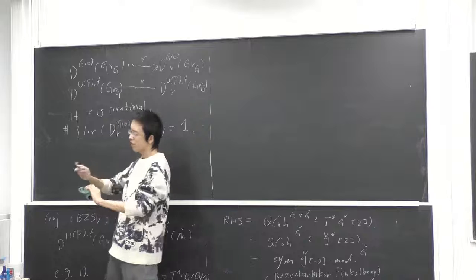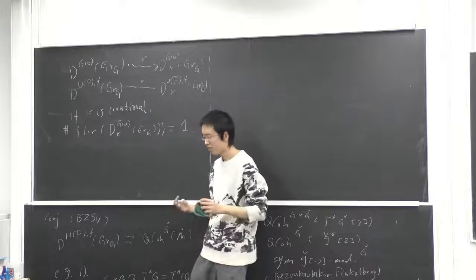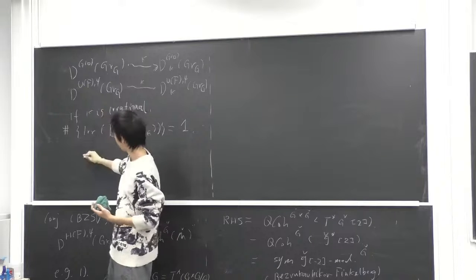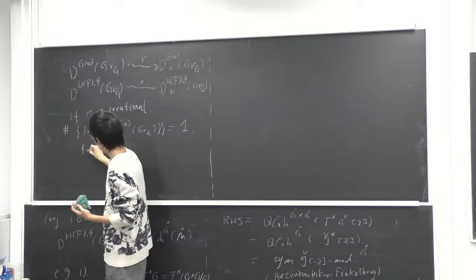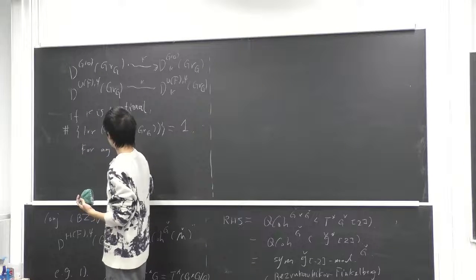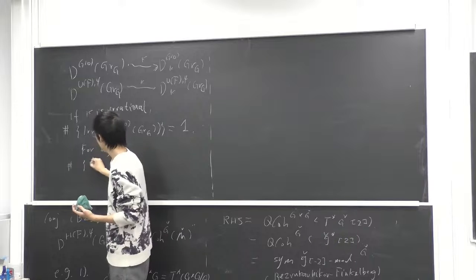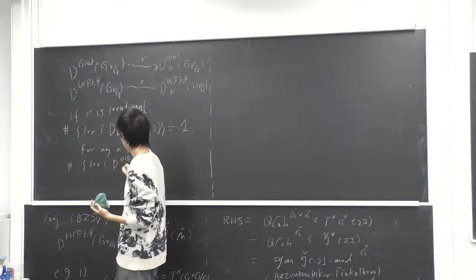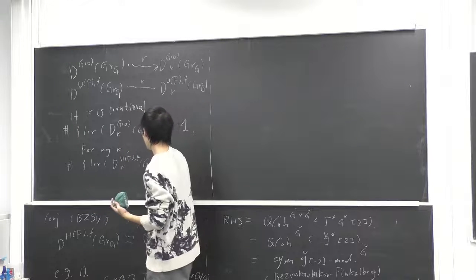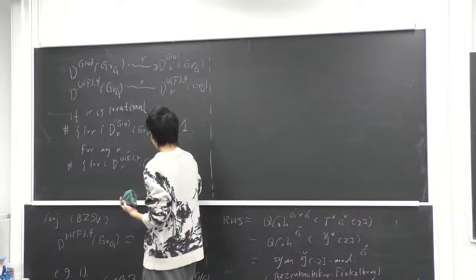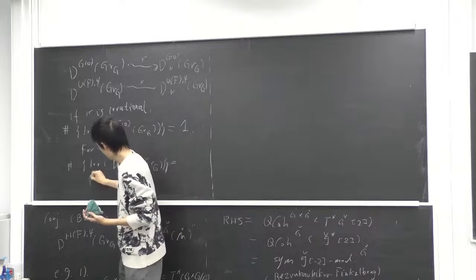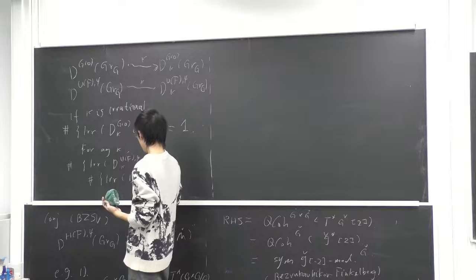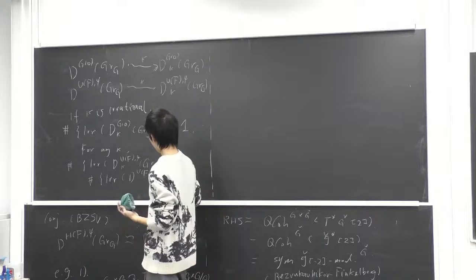So through this way, after you take deformation, this category will become a bit too small. Well, on the second example, for any kappa, the number of irreducible objects in UFC equivariant kappa twisted D-modules on the Grassmannian is still the same as the number of irreducible objects in the non-twisted equivariant category.